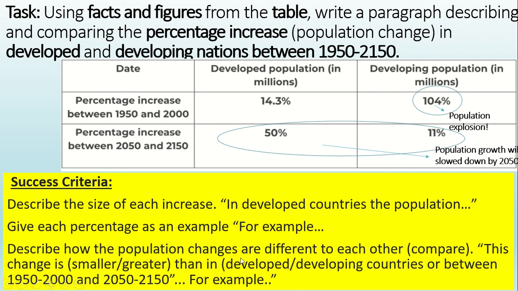And then I want you to describe how the population changes are different to each other. So you could say something like, this change is smaller or greater than in developed or developing countries, or between 1950 and 2000 and 2050 and 2150, for example. So it's quite clear that the population change was a lot greater in developing countries between 1950 and 2000 compared to developed.